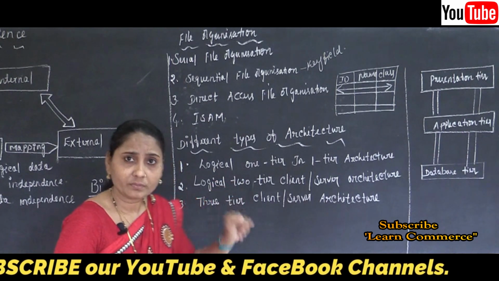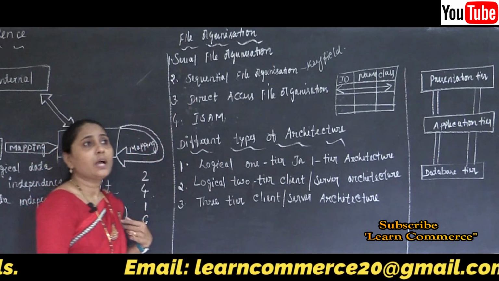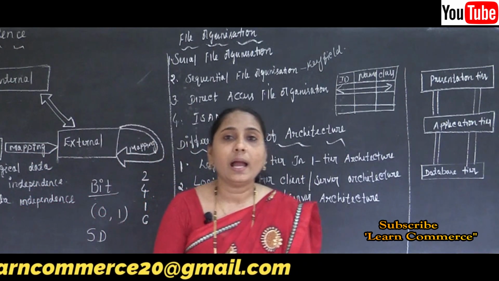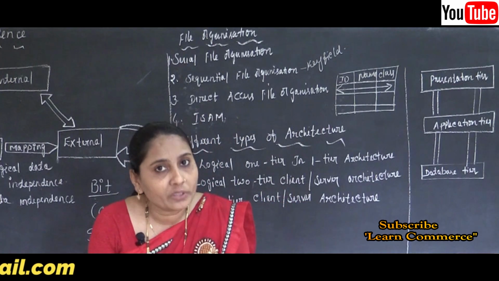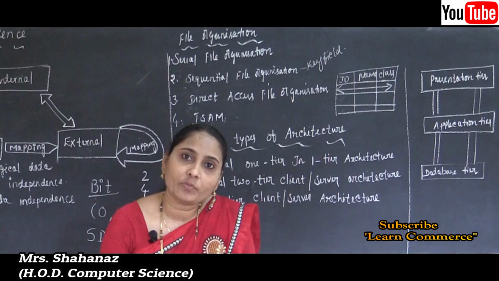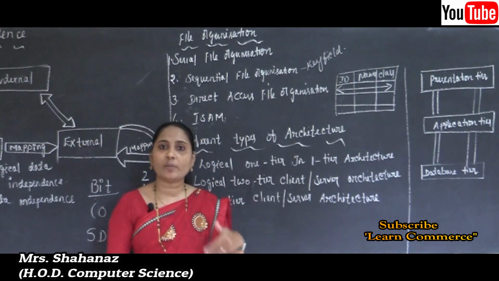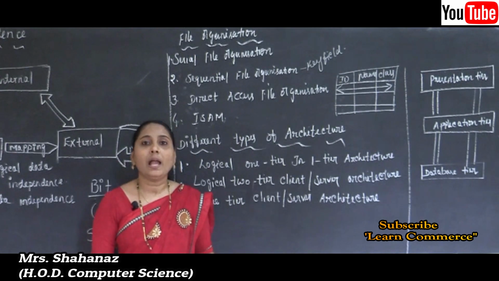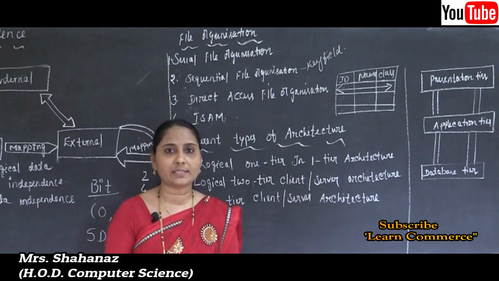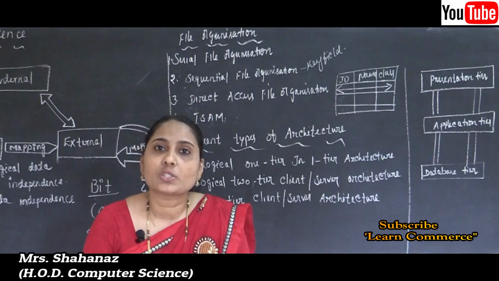Now about the advantage: accessing and retrieving records using direct access file organization is very quick and direct. The disadvantage is that it may be less efficient in the use of storage space.